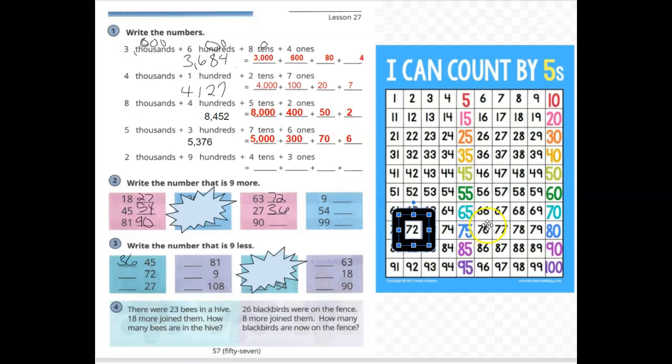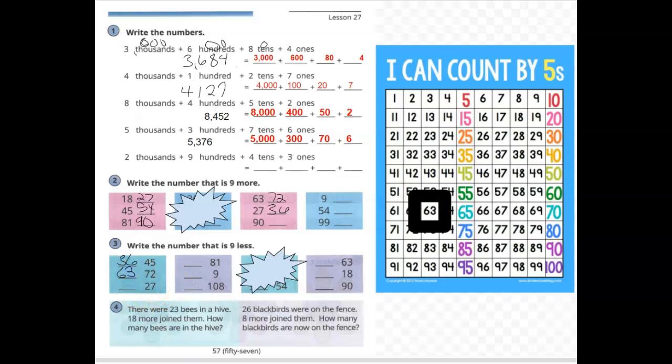Okay, now I'm at 72. I'm going to go backwards 9. 1, jump up, 2, 3, 4, 5, 6, 7, 8, 9. 63.